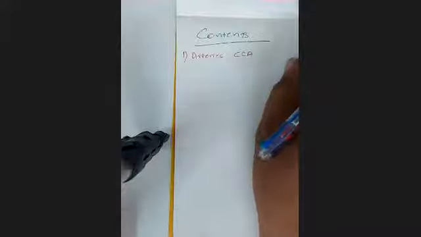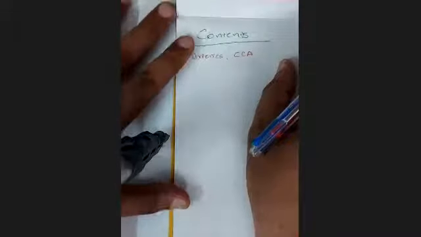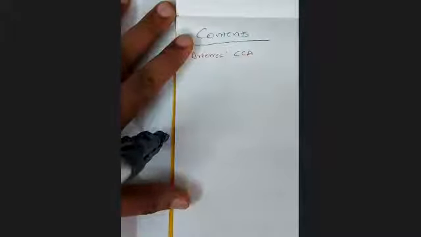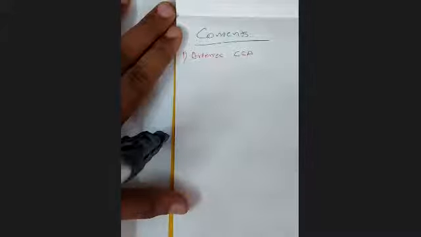So there will be arteries. What arteries will be there? Common carotid artery. This common carotid artery on the right side arises from the brachiocephalic trunk, and on the left side it arises from the arch of aorta.